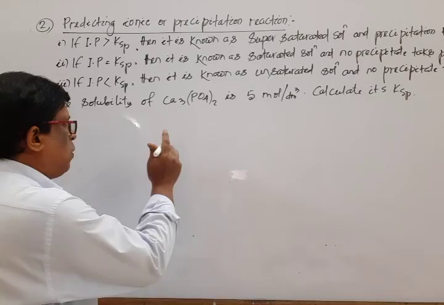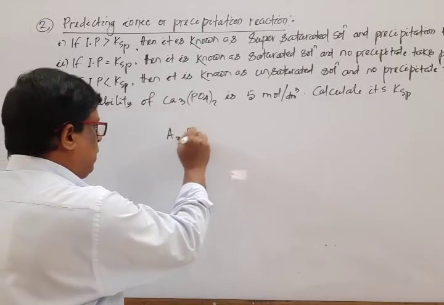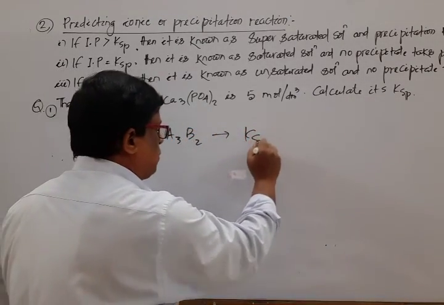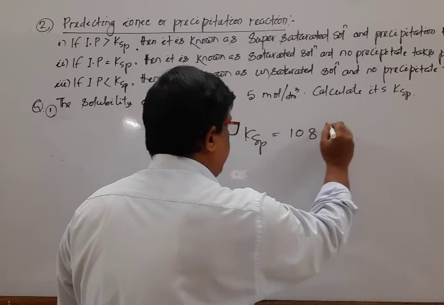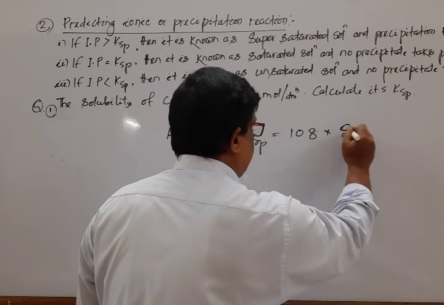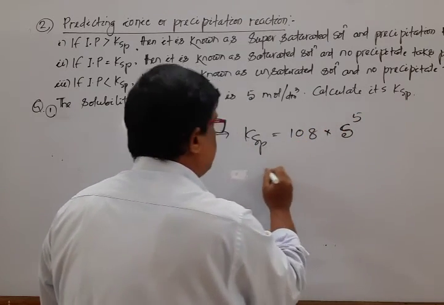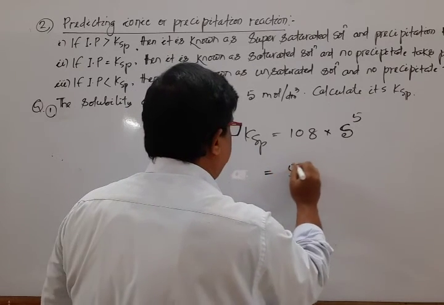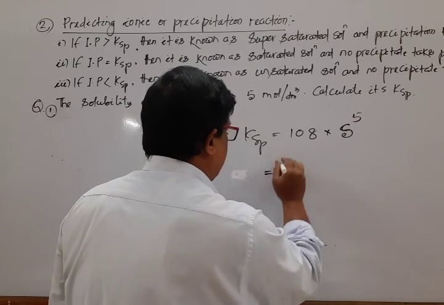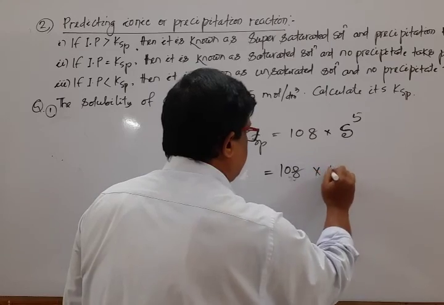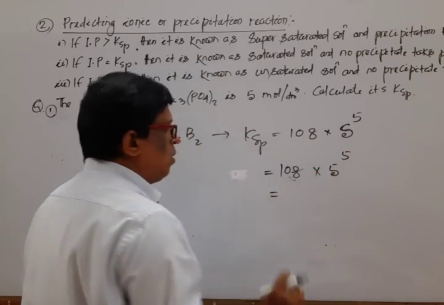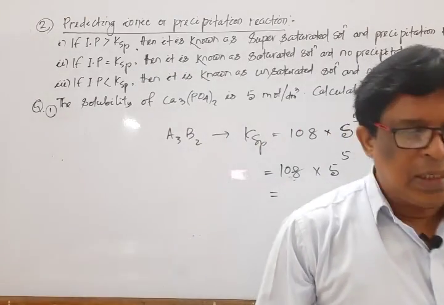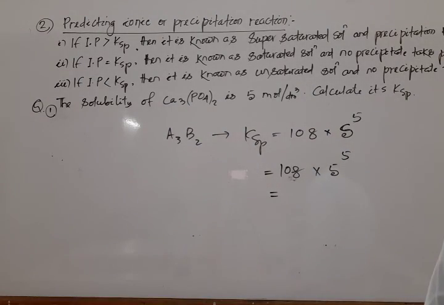For the type of salt A3B2, the relation is Ksp is equal to 108 into S to the power 5, which is equal to 108 into 5 to the power 5. On solving this value, the answer is nearly equal to 3.37.